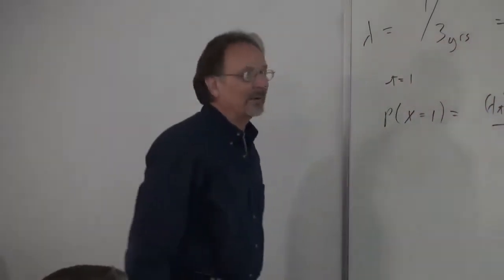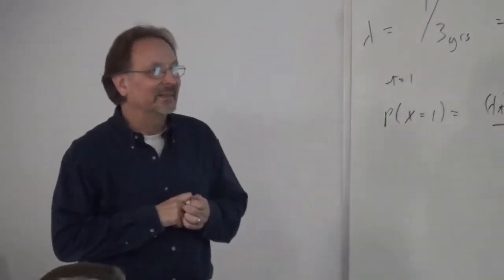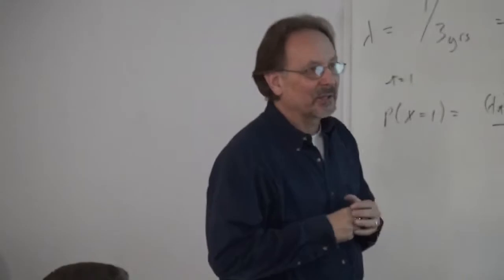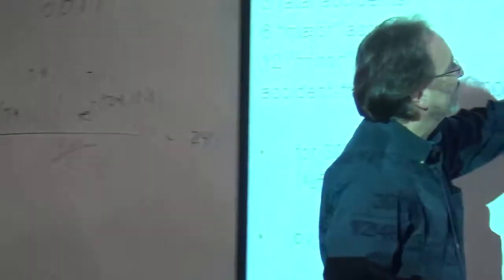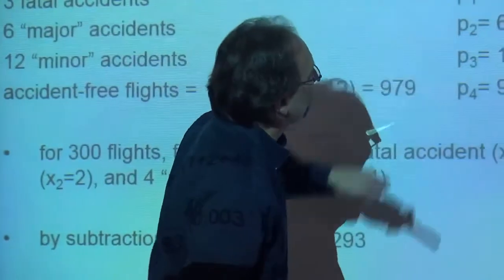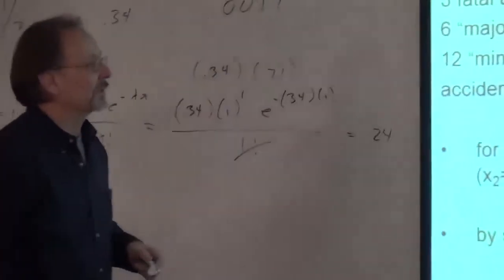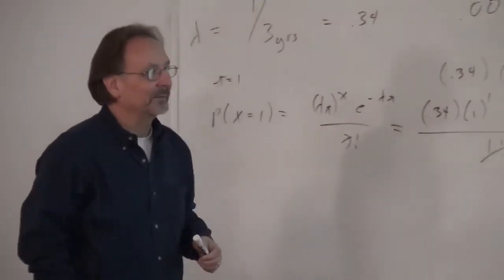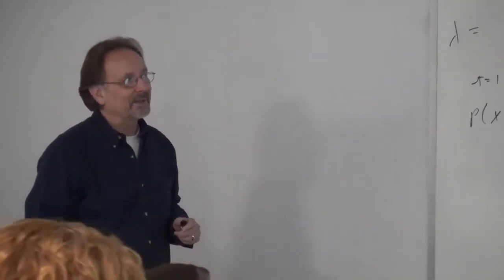So it's a small probability, but it's something that can occur. It's not diminishing, it's just very small. And given that I have any probability of these other three happening, that's going to reduce my probability pretty drastically, of being accident-free, that is.